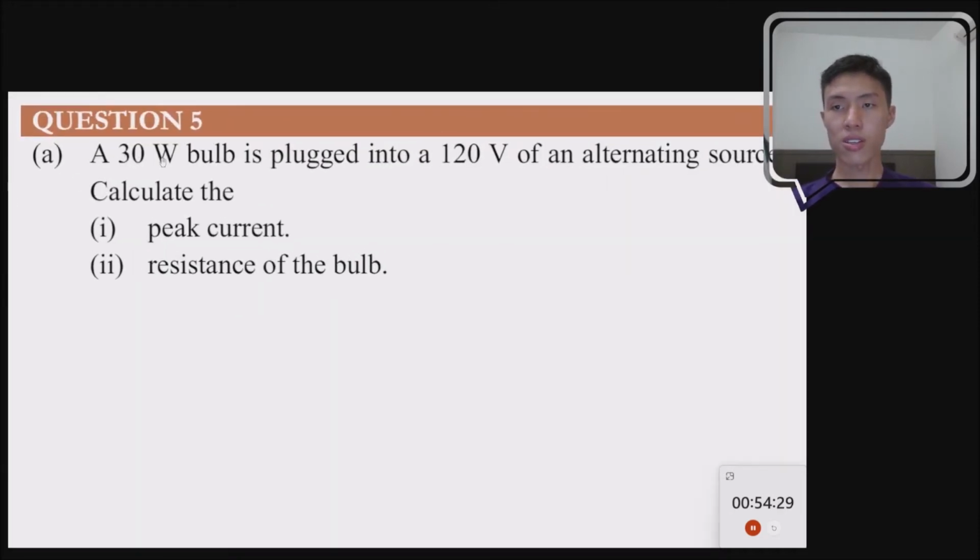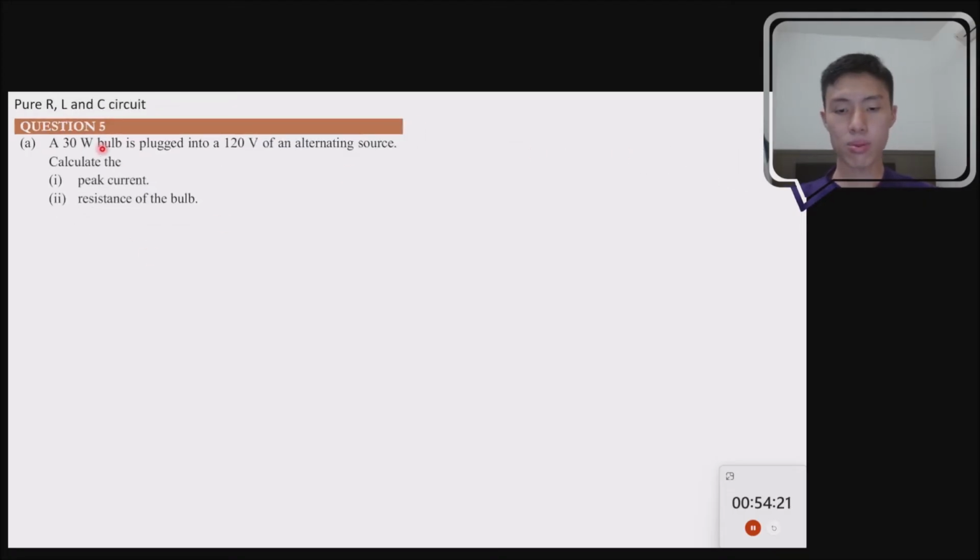Question 5. You have a 30 watt bulb connected to a 120 volt alternating source. The bulb here, we will just assume it to be pure resistance. So in this case, you have a 120 volt alternating source connecting to a bulb. We can just think of it as a pure R circuit. Why is it pure R?